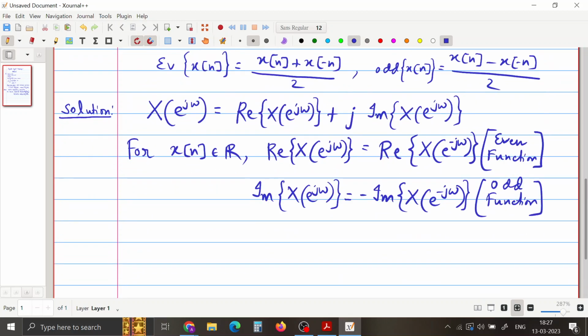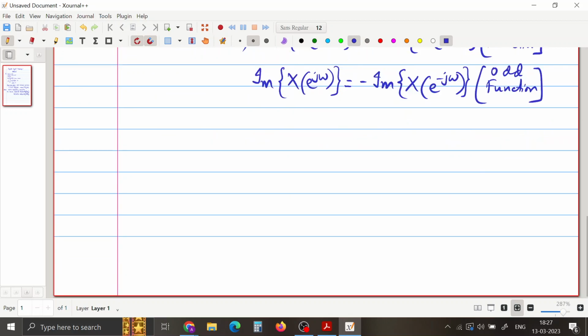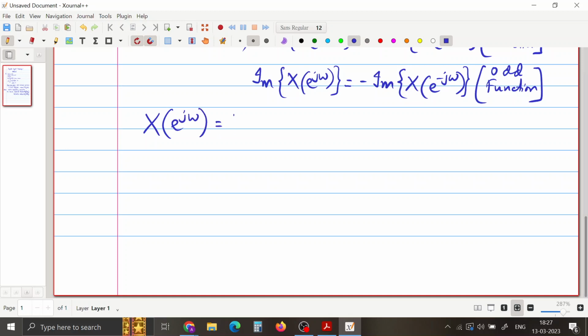Good. Okay, right. So now, I am writing it once again. The Fourier transform has two parts.